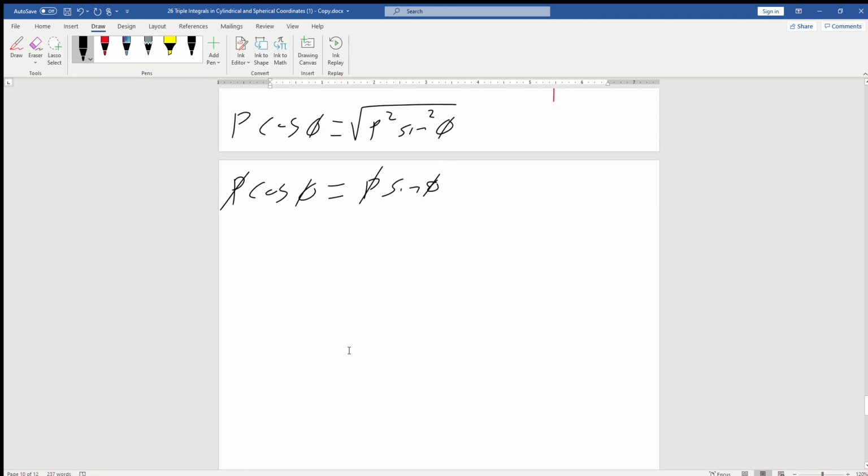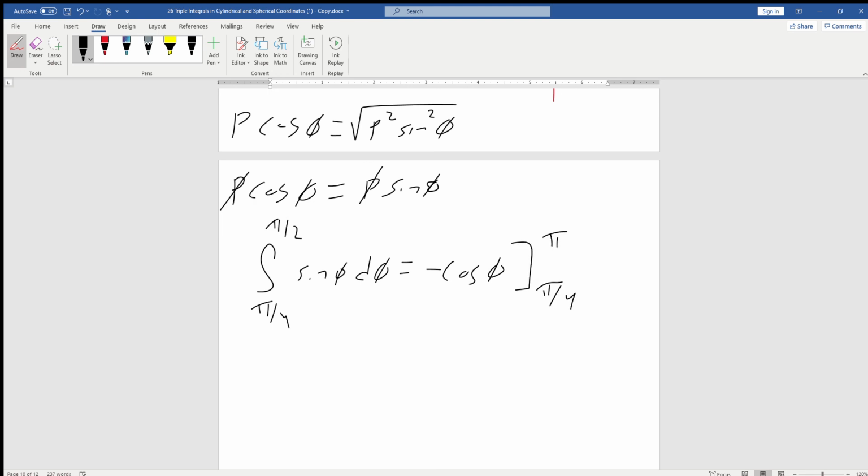I'm just going to copy it back up here. We have the integral from pi fourths to pi halves of sine phi d phi. The antiderivative of sine is negative cosine of phi, from pi fourths to pi halves. That means we get minus cos of pi halves minus a minus cos of pi fourths.